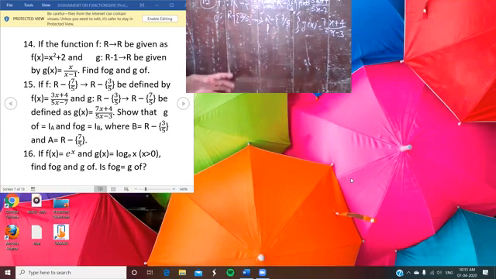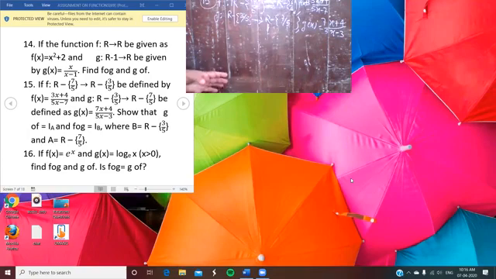Any function is said to be identity if you have the result f(x) equal to x. It completely depends upon the second function. If the second function is a function of x, then the complete value is x, and if the second function is in terms of y and the complete composition is y, you can say that it is identity.